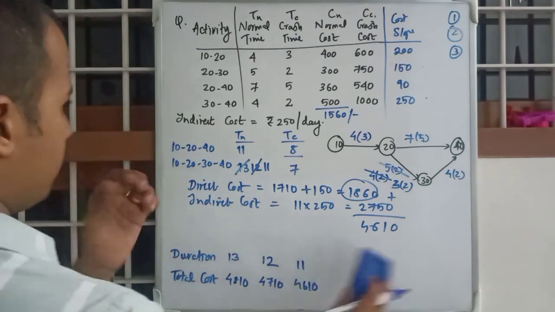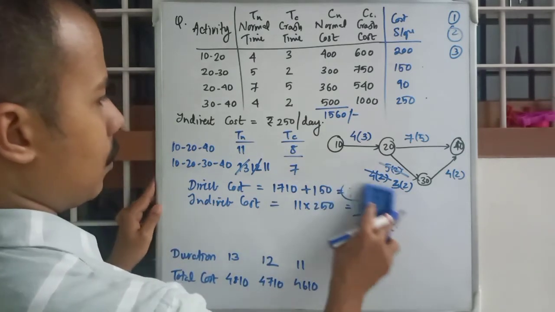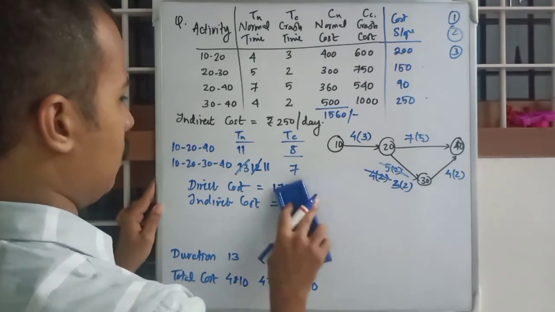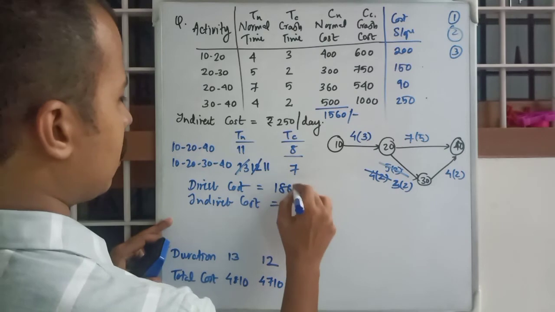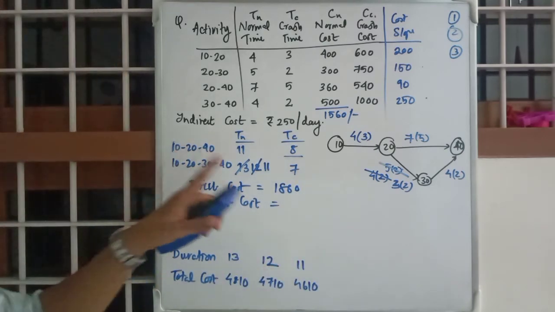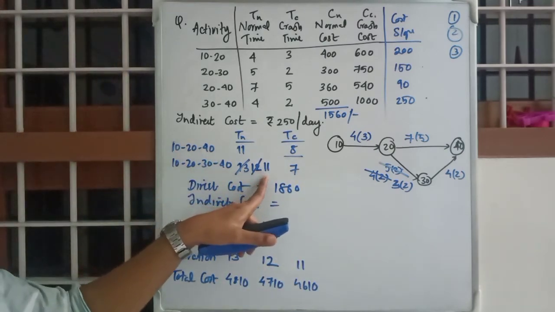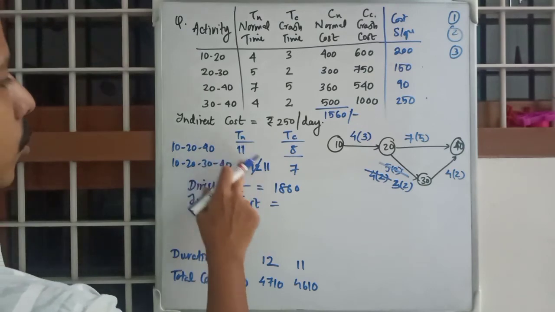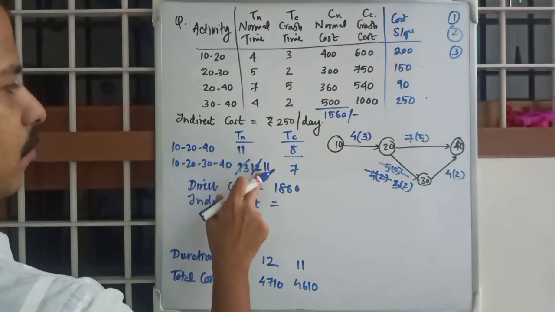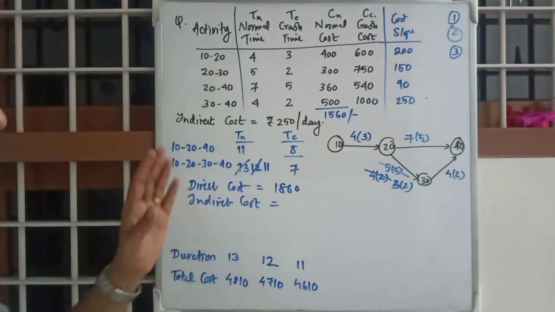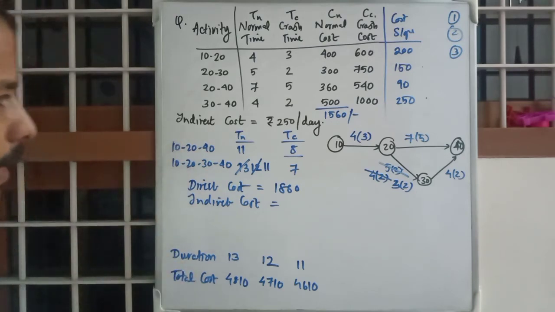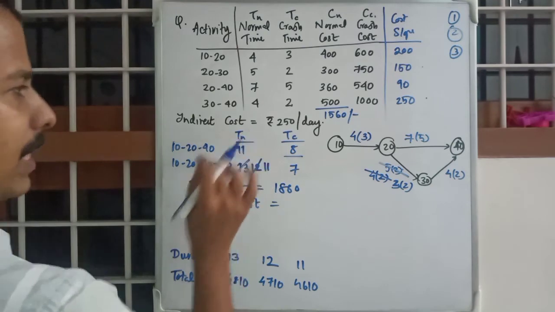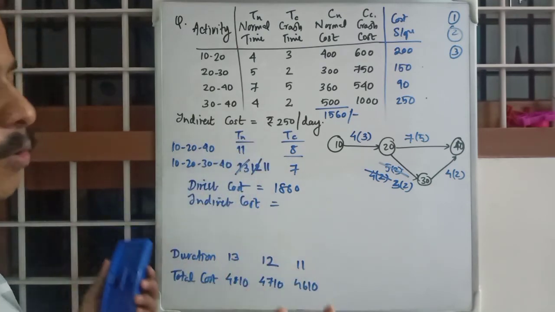Okay, so I'll just write here 1860. Now this is the second case, right? We have two paths with equal duration, that is, you have two critical paths, more than one critical path. From these two critical paths, what was the option?